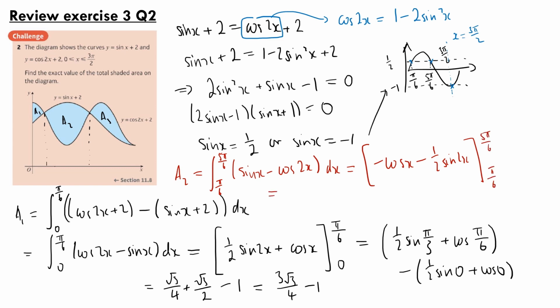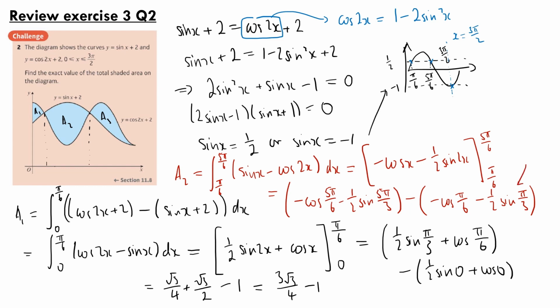And that is equal to, so first of all we have minus cos of 5 pi over 6 minus a half sine of 5 pi over 3, minus, cos of pi over 6 minus a half sine of pi over 3. Now this bracket here is the same as the bracket we had over here, but negative.